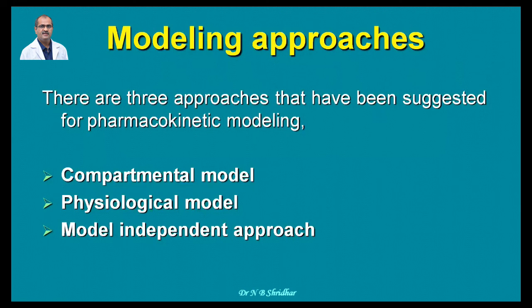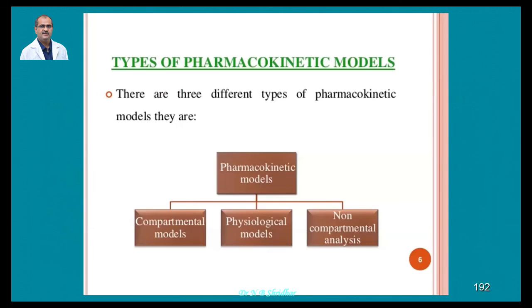In the first one, the body is divided into several compartments, just like railway compartments, where there will be an AC compartment, a non-AC compartment, and a general compartment. The physiological model depends on physiology. The model independent approach means it is not related to any model; the drug moves independently.